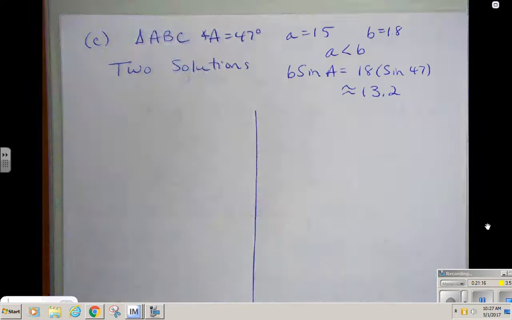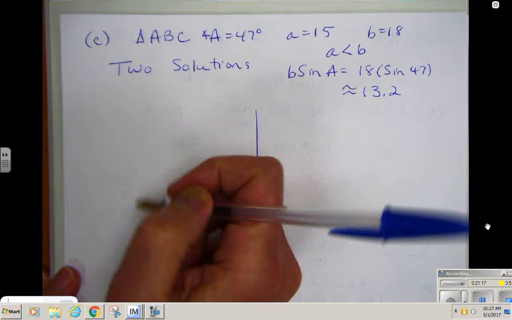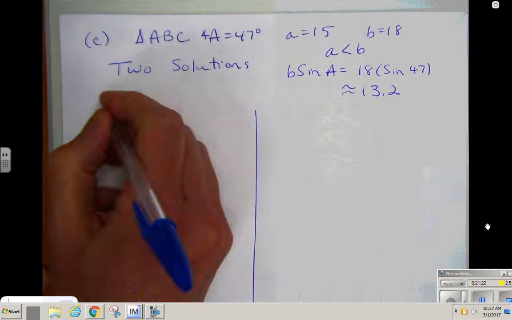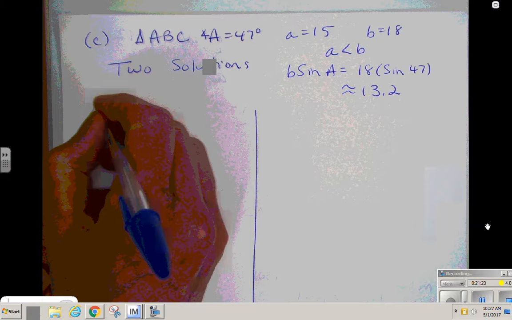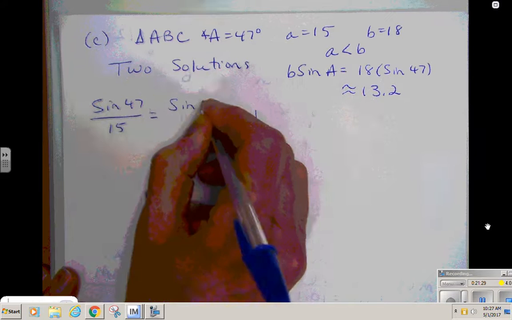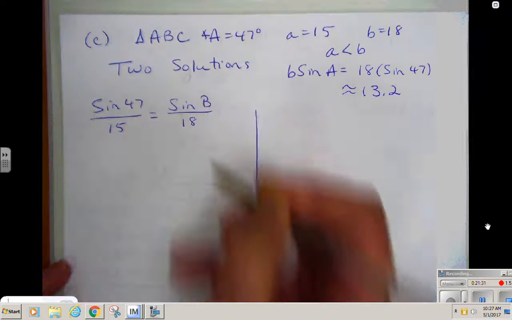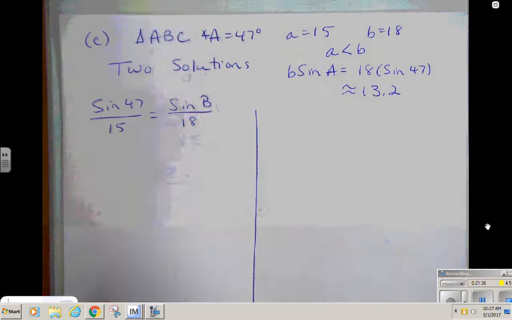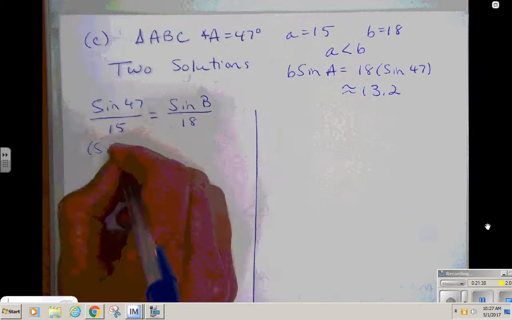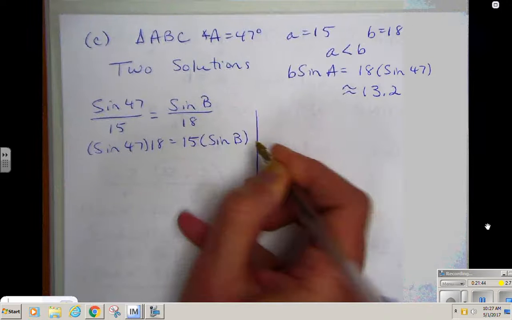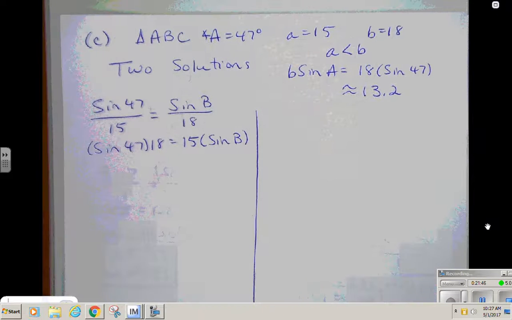Excuse me. So let's start with just the regular, sine 47 over side of 15 equals sine of angle B over side B. We're just going to figure out what this one is, just normally. So I want to do my cross products. And since I'm solving for the angle, I have to use that inverse key, right? The second function.